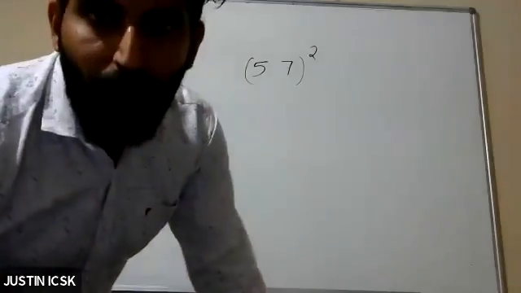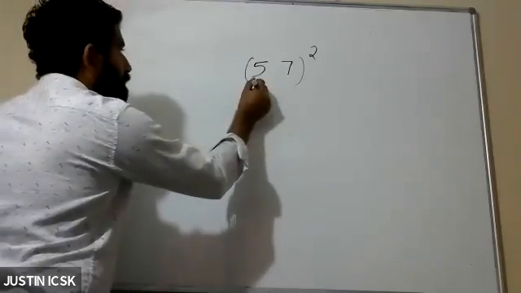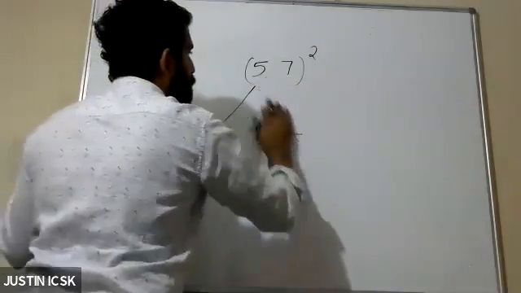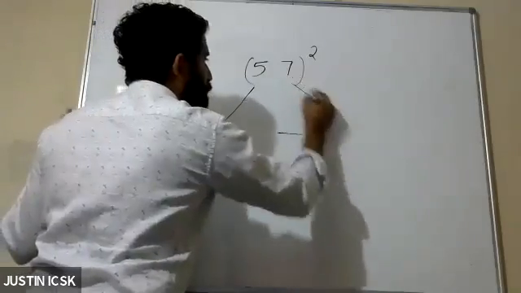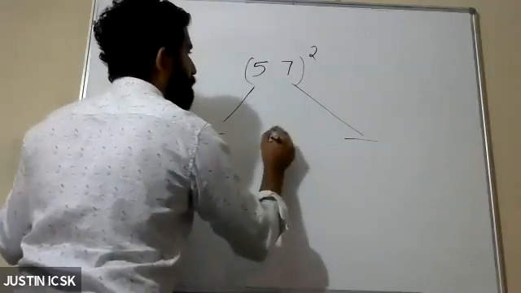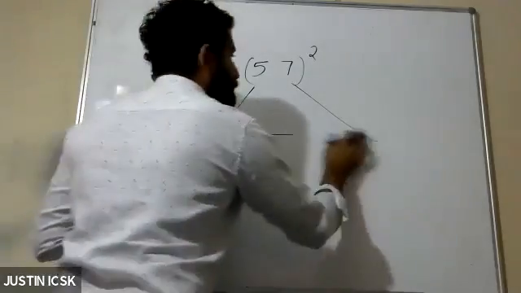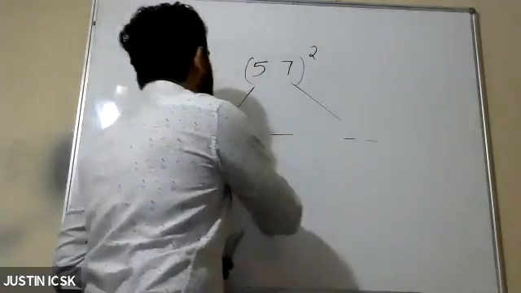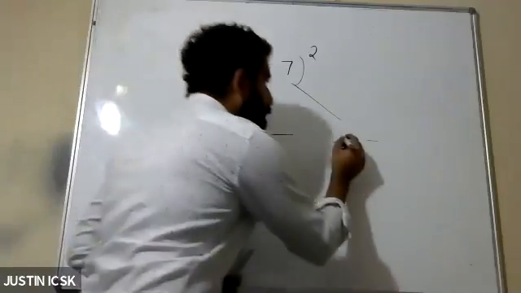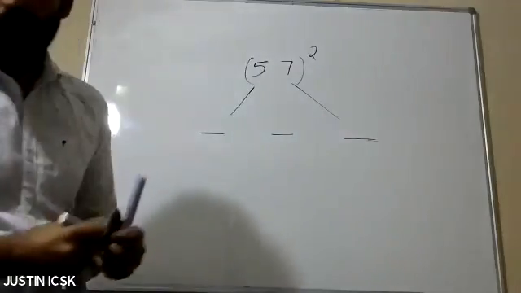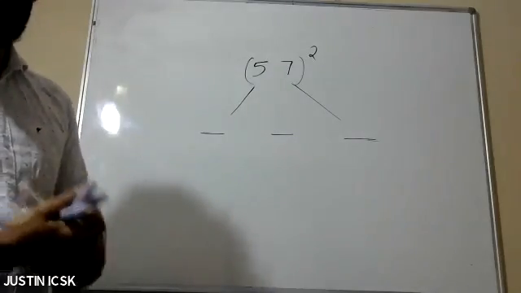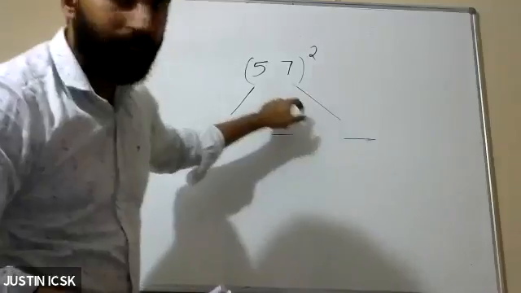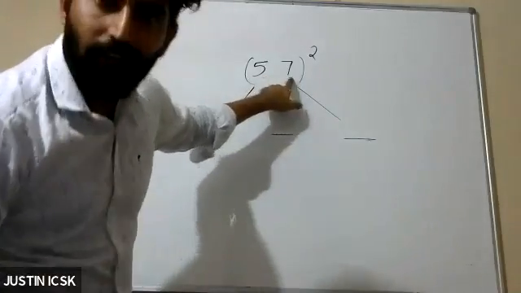I'm just writing three parts, like one, two, three. Now what I'm going to do: 7 square.